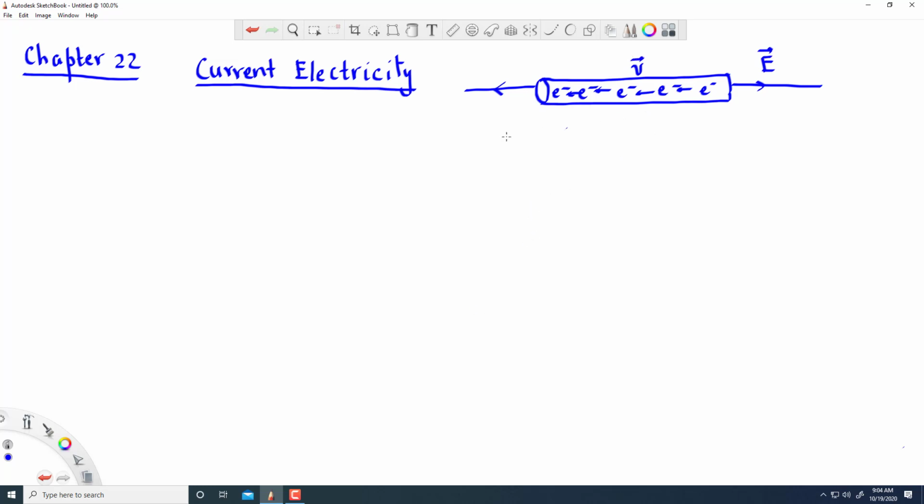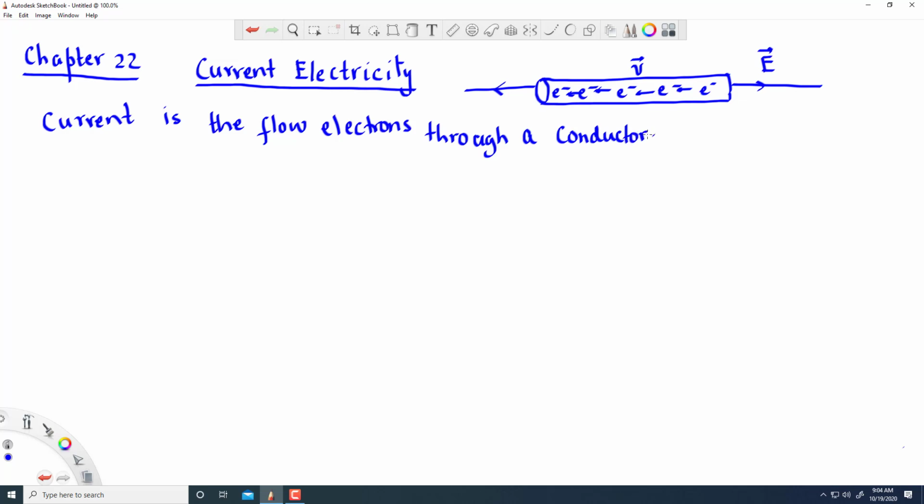Okay, and the flow of electrons is what we call current. So current is nothing but the flow of electrons through a conductor.